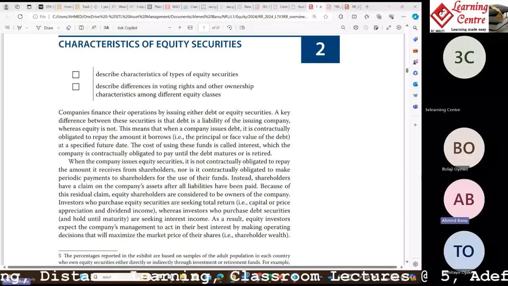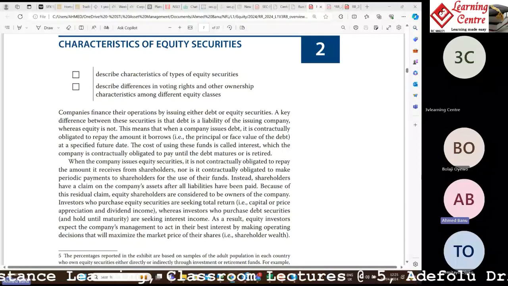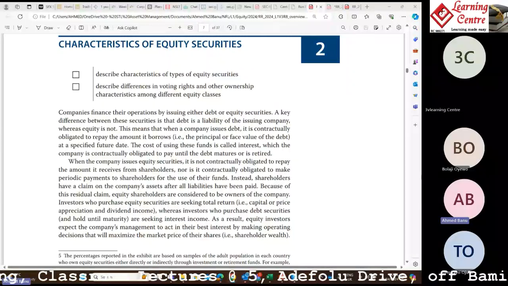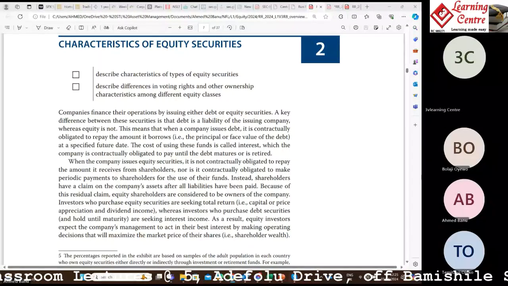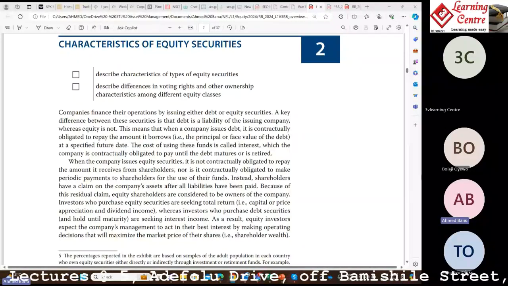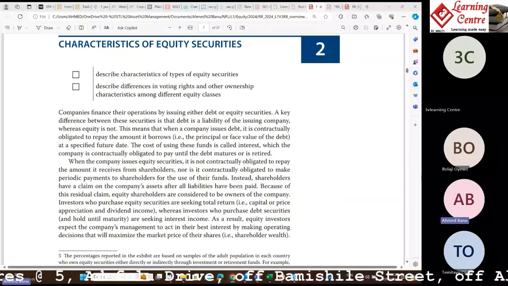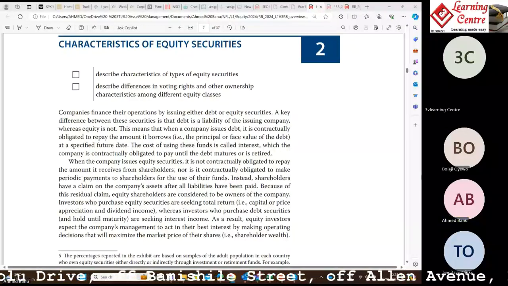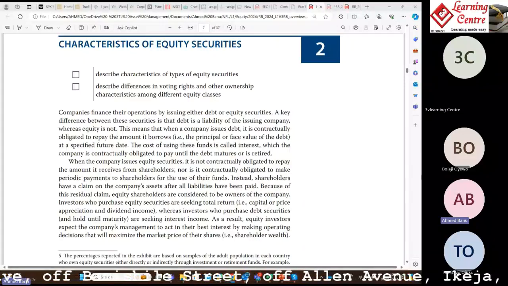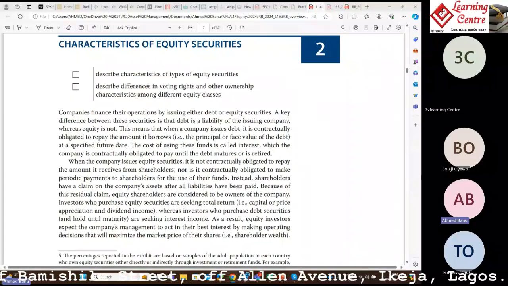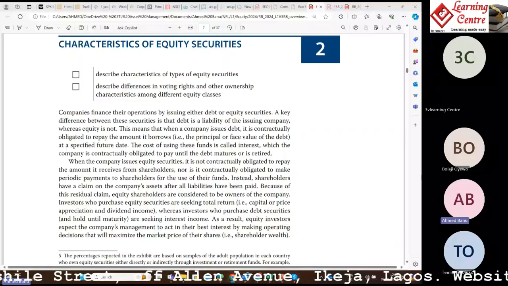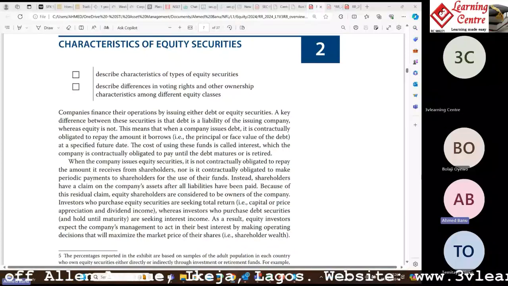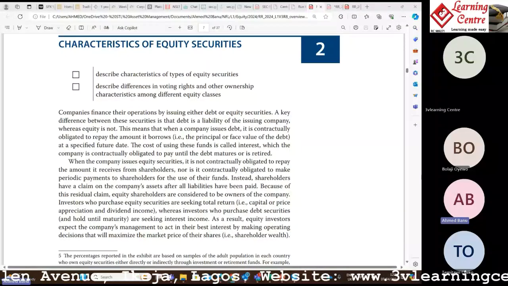Because there's no maturity, no defined period, the company is not obliged to pay you back the amount that it collected from you as equity. So it is very different from debt. There's no defined period, no contractual obligation. The company does not owe you dividends. The company does not owe you shares, does not owe you the value of your shares. The only thing the company owes you is what we're not going to talk about.